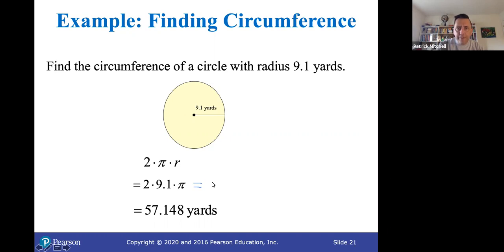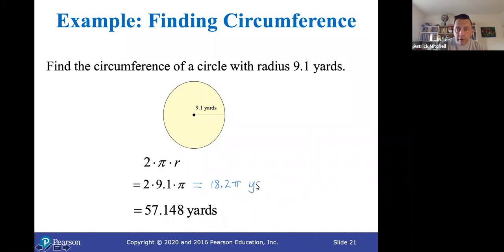So if they asked for an exact answer in this one, you would just multiply 2 times 9.1, which is 18.2, and then you would leave the pi symbol. Okay, so the exact circumference would be 18.2 pi yards.